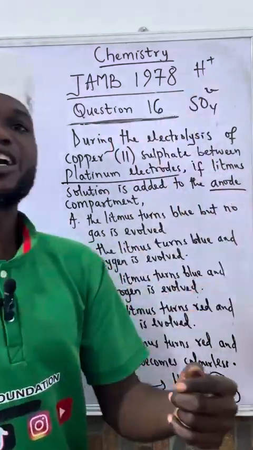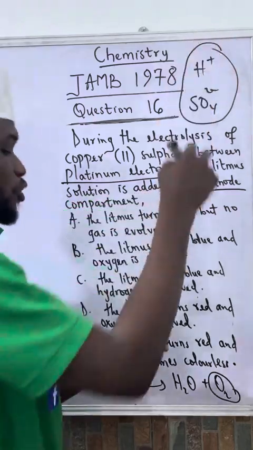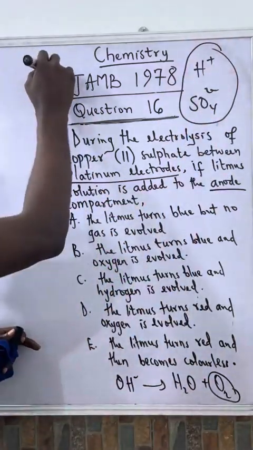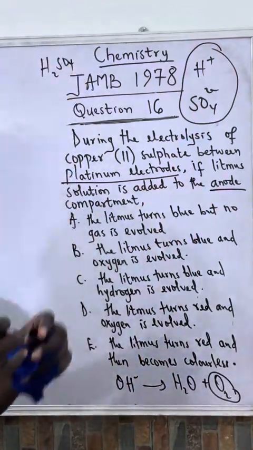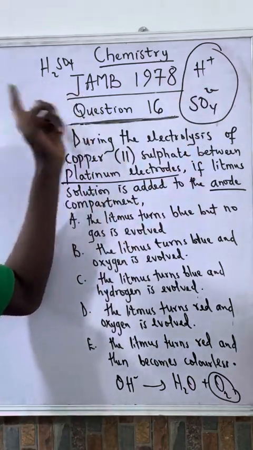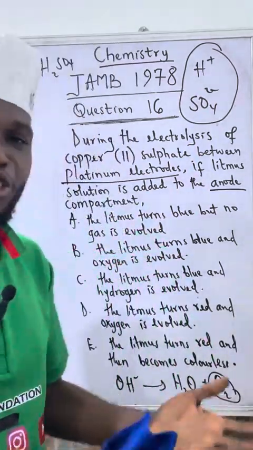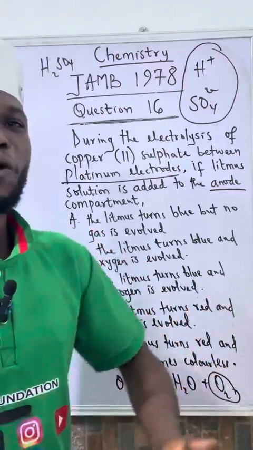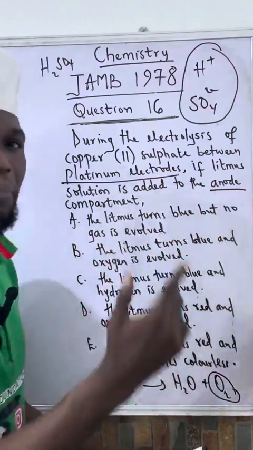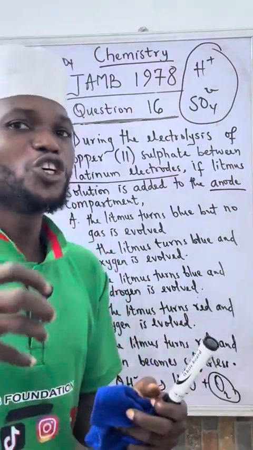Now hydrogen will travel back into the solution and combine with the SO4 2-. So this will form H2SO4 acid, tetraoxosulfate 6 acid, which we call sulfuric acid. This sulfuric acid traveling back into the solution makes the solution more acidic. So at the anode compartment, there is a more acidic solution over there.